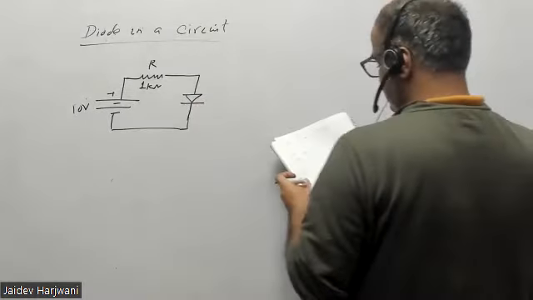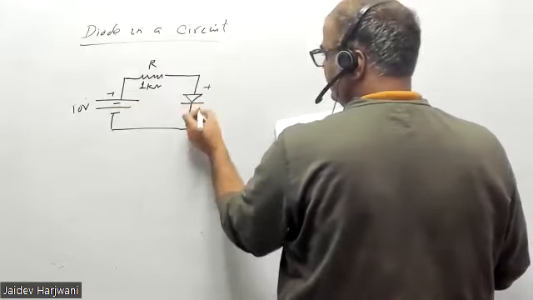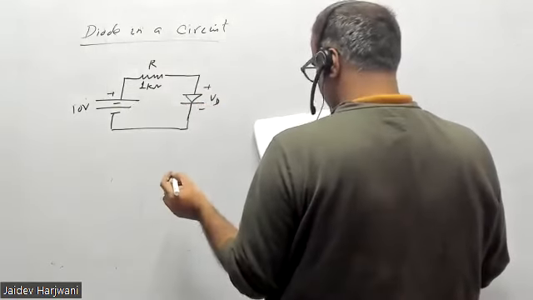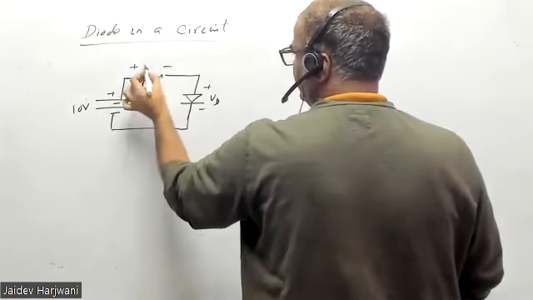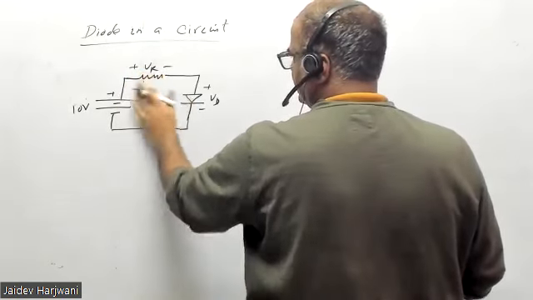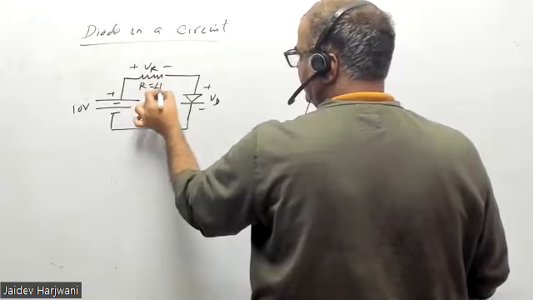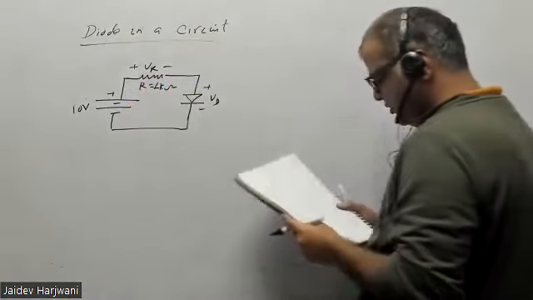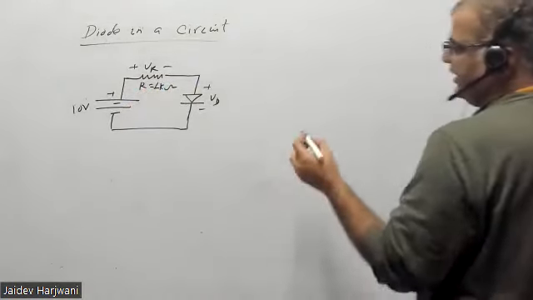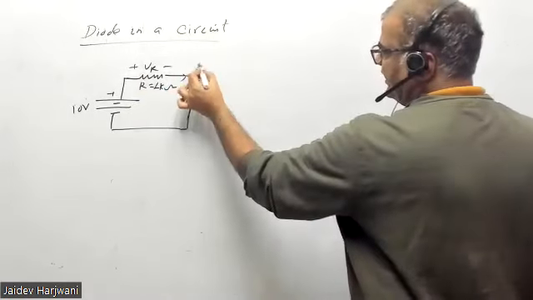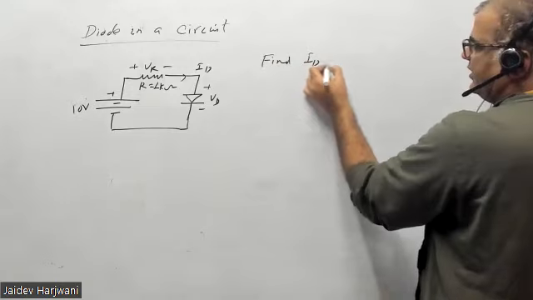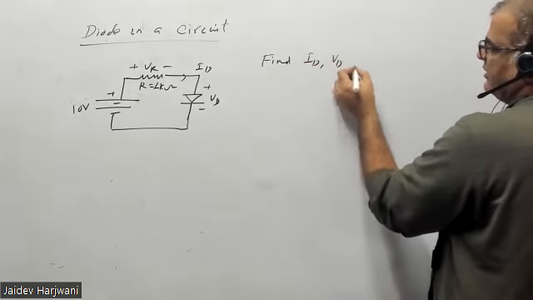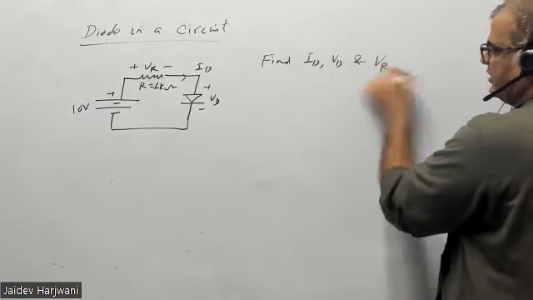The voltage drop across the diode is VD, and the voltage drop across R I will call VR. The current in the circuit is ID. You have to find ID, VD and VR.